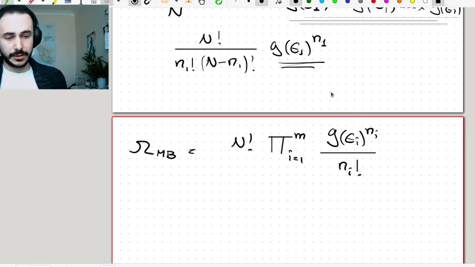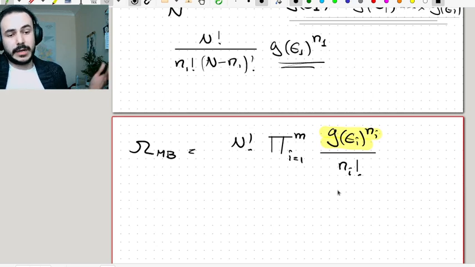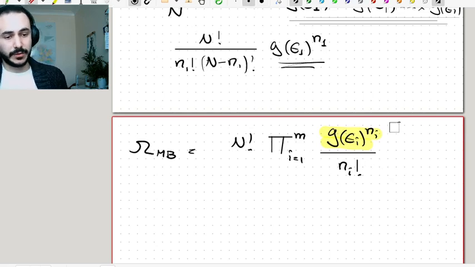So the only difference with what we had seen in the previous lecture is this g that appears in the numerator. Because remember, if this g is equal to 1, then we are in exactly the same situation. There's no difference. But if g is larger than 1, then there is a difference. Okay? That's why we are adding this. In the way of counting the microstates, there would be a difference if there's degeneracy. Okay?